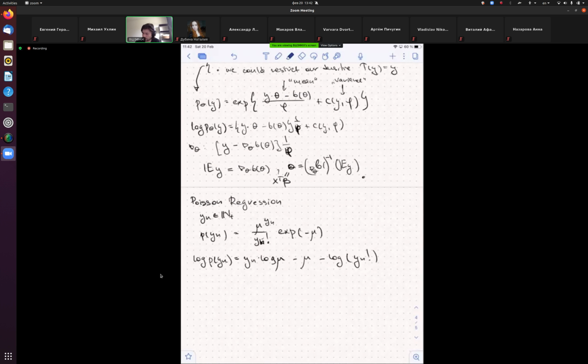Then we can see that this is y, this is y, this is theta. But then we need to match this term to be some function of theta, and here we have a function of mu, the mean parameterization. So let's modify it: theta is equal to log of mu. Then, of course, mu is equal to the exponential of theta. And basically, that's it.